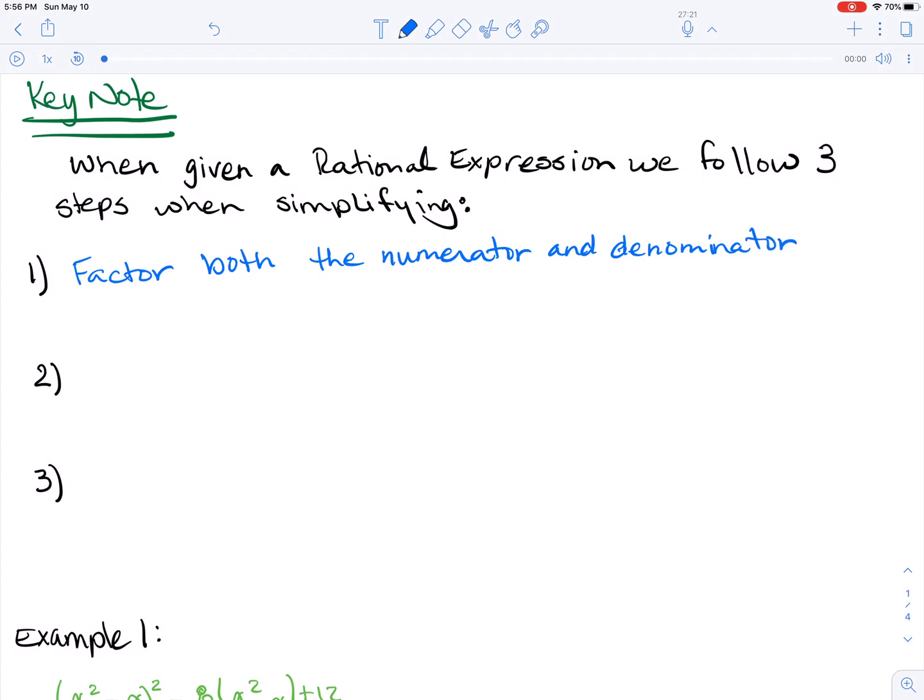Second, we find non-permissible values. The third thing we do is divide like factors.